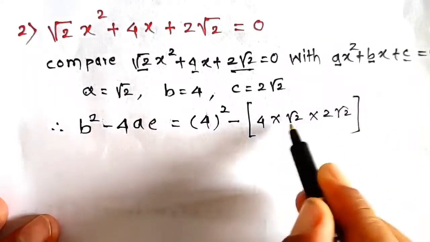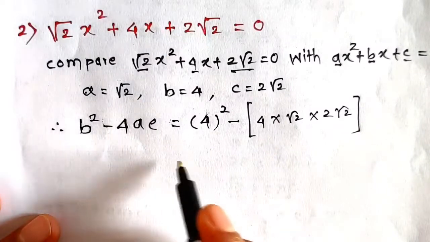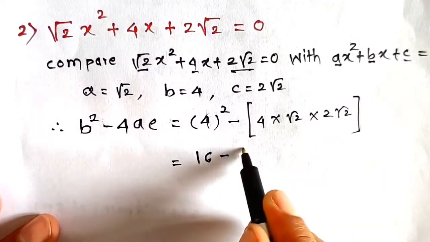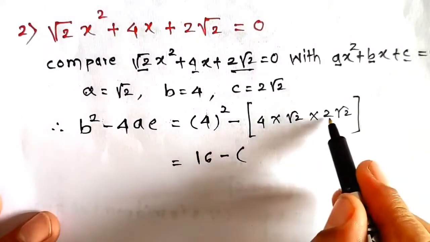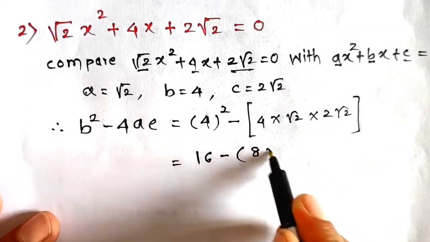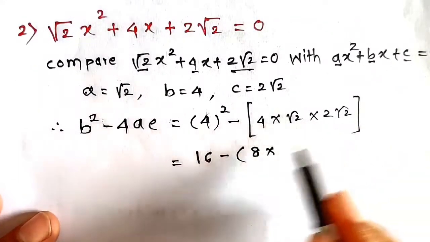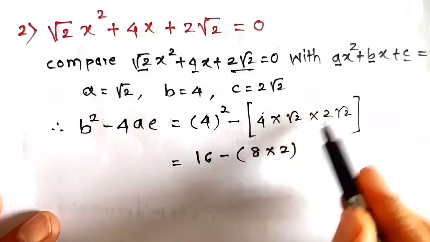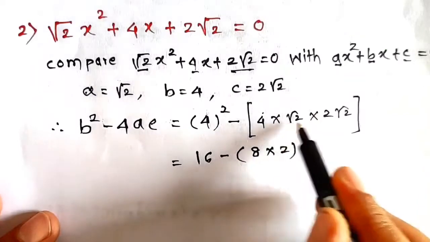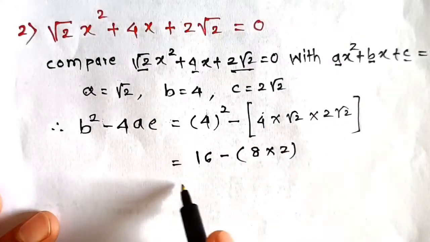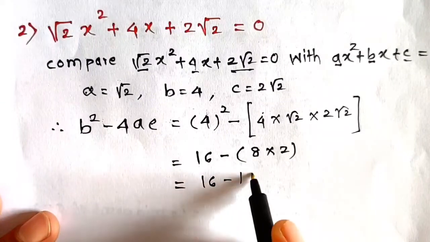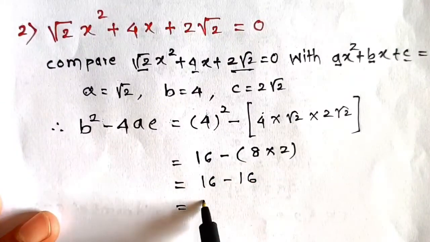Now multiply: 4 square is 16 minus, in the bracket, 4 twos are 8 into root 2 into root 2 is 2. So remember, this 4 multiplied by 2 becomes 8, and root 2 multiplied by root 2 becomes 2. So we get 16 minus 8 twos are 16.